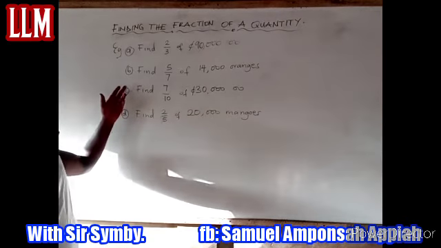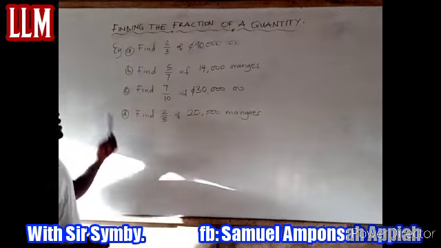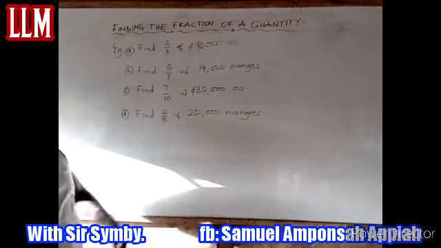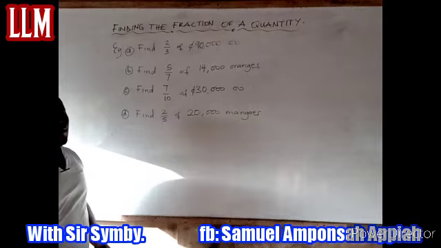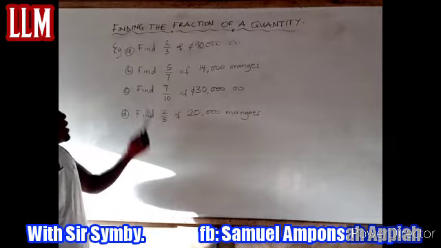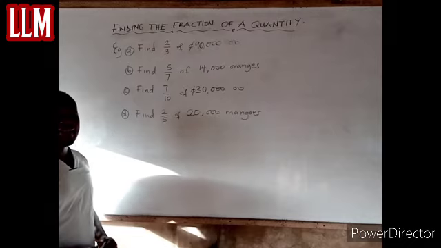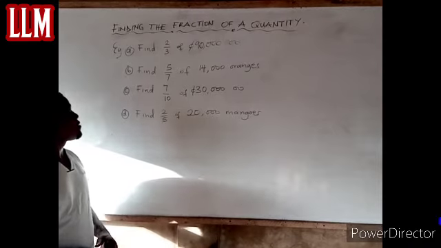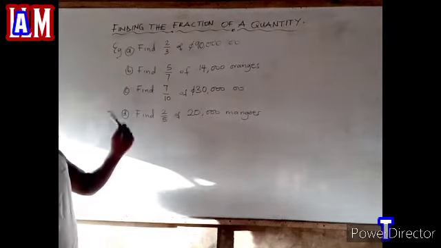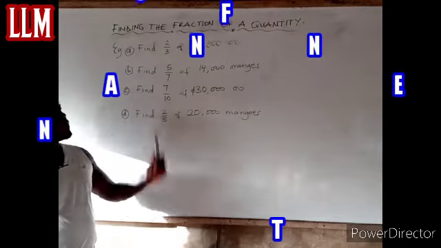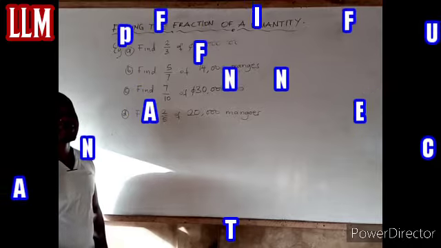Now, these are our examples. A. We have to find 2/3 of 90,000 cedis. B. We have to find 5/7 of 14,000 oranges.